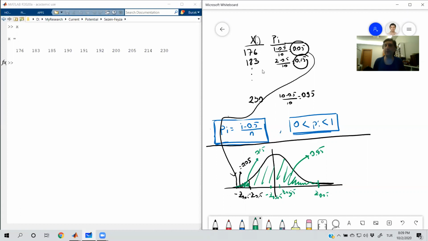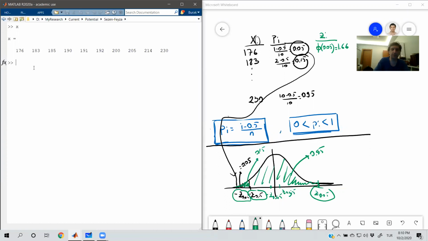Therefore we convert the quantiles to the corresponding standardized normal distribution values. That's the idea. If we call each of these values Zi, this cumulative distribution value of 0.05 will be equal to 1.66.